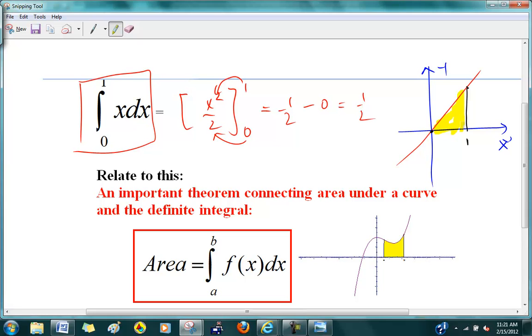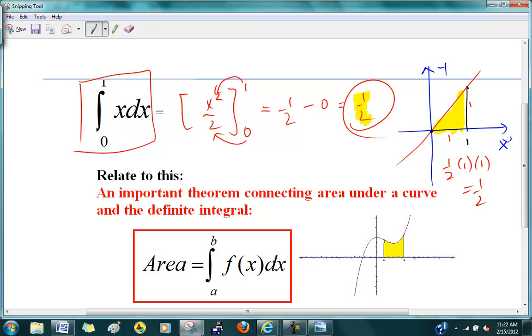The answer by doing integration is 1/2, which makes total sense because if you take a look at the area of this triangle, the base is 1 and the height is 1, so the area is 1/2 base times height, which gives you 1/2. So these things make sense from fairly fundamental points of view.